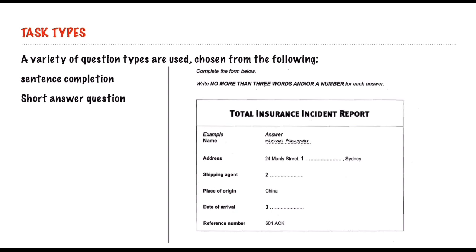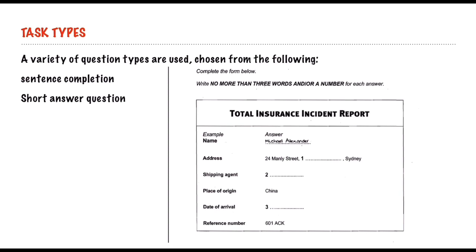We have sentence completion and short answer questions. So short answer questions and sentence completion would also come with an instruction to either write no more than 3 words and or a number, or write 1 word only. So you always need to focus on the instruction.